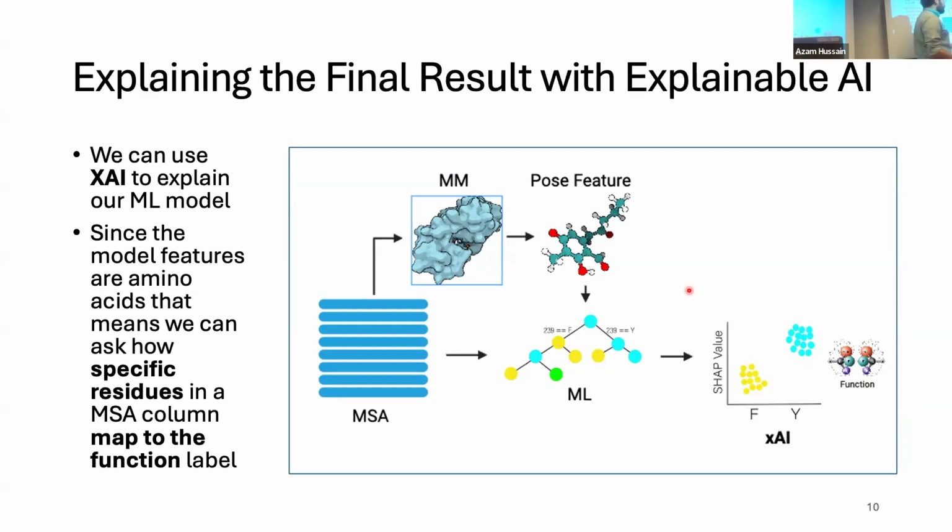Think about how a decision tree works: we look at this MSA column, position 239, which is the same residue aligned across all of the sequences or proteins. Then we say, if it's F, go this way; if it's Y, go that way. If you do that enough, you can break down any problem and plot how any particular residue affects the final function that you predict.